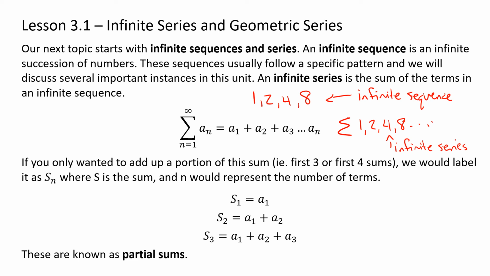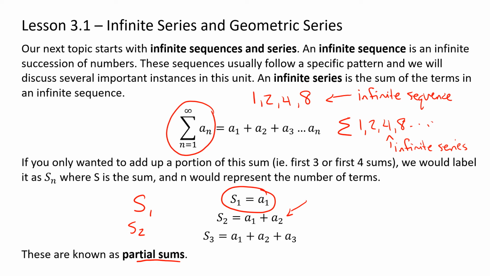What those are known as are partial sums. We denote a sum by the letter S. In this case, S1 is the sum of just the first term, S2 would be the sum of the first 2 terms, S3 the sum of the first 3 terms, etc. These are known as partial sums because they're not the whole sum of the series.